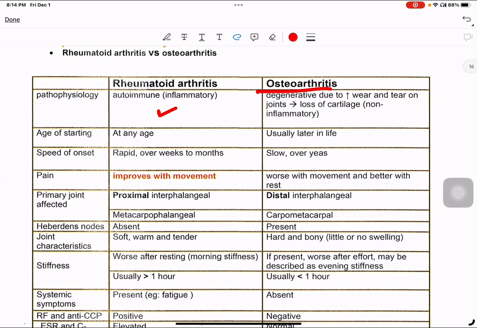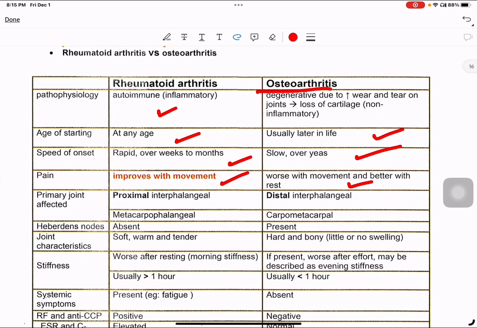Age of starting: rheumatoid arthritis can occur at any age, while osteoarthritis occurs at a later stage of life. Onset is rapid over weeks to months in rheumatoid arthritis, and slow over years in osteoarthritis. Pain improves with movement or activity in rheumatoid arthritis, while in osteoarthritis it is worse with movement and better with rest, that is mechanical in nature.